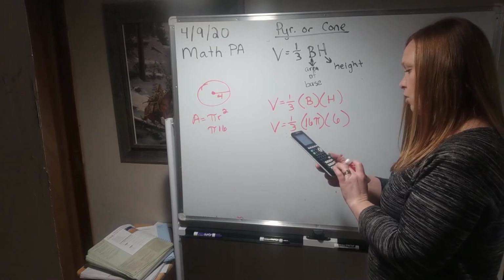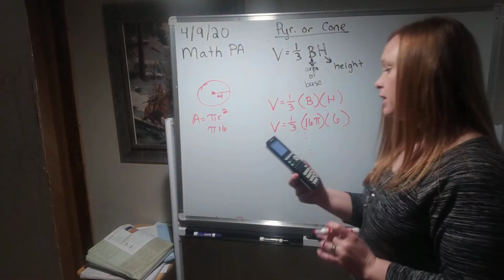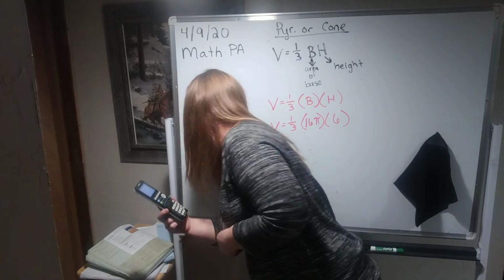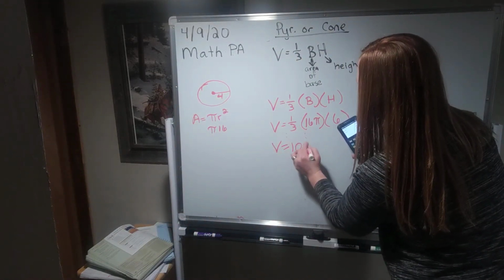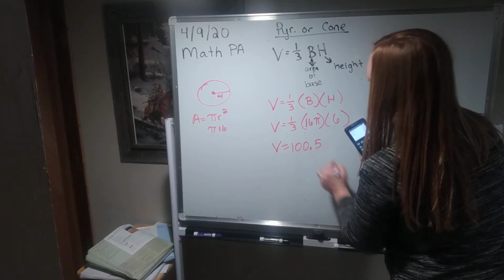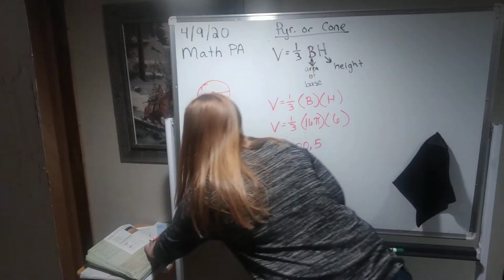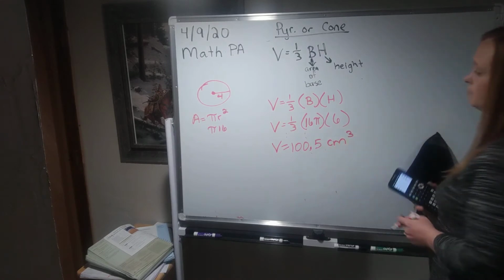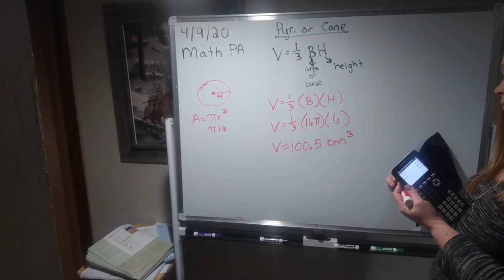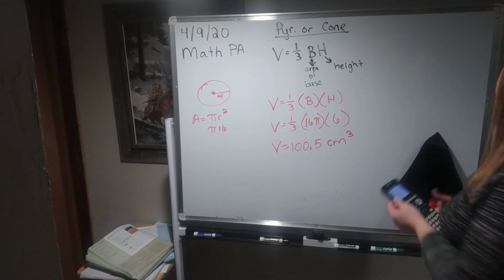Don't put it all into one problem. 100.48, and they say round to the nearest tenth, so 100.5. What was our measurement in? It was in centimeters, so it will be centimeters cubed.